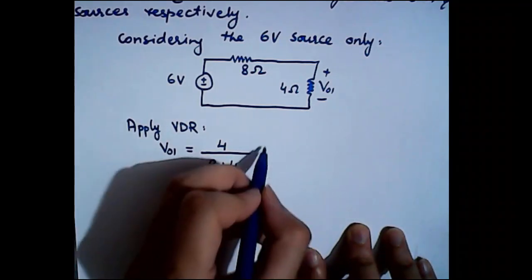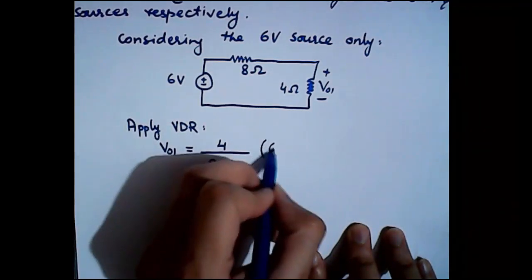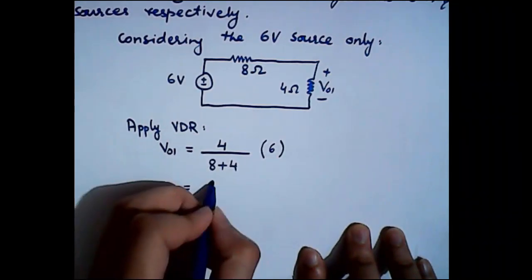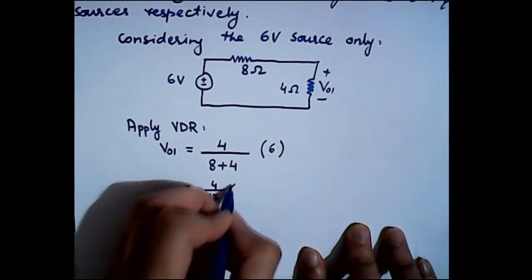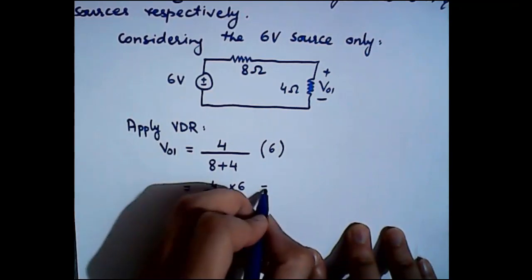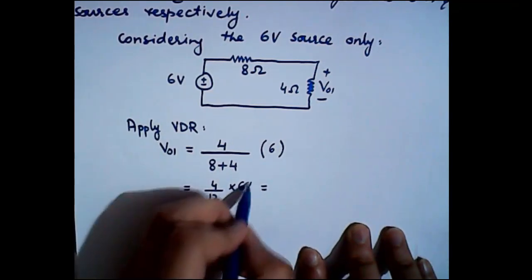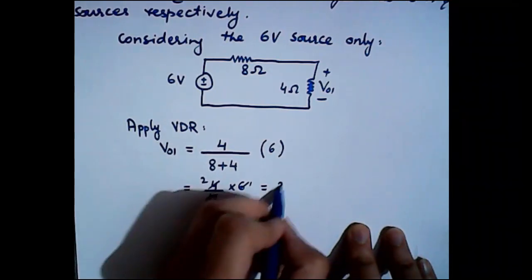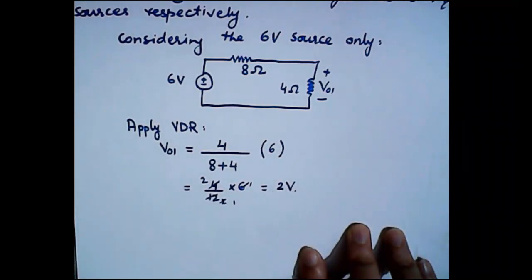And then comes the total voltage, which in this case is 6 volts. So V01 will be equal to 4 divided by 12 multiplied by 6, which is equal to 2 volts. So this is the value of V01.